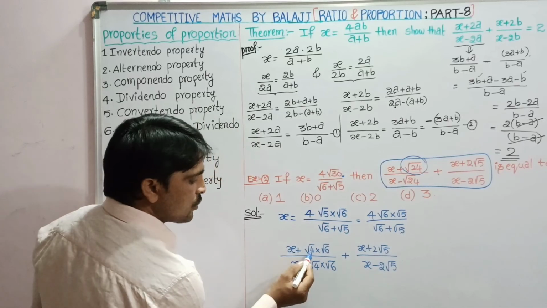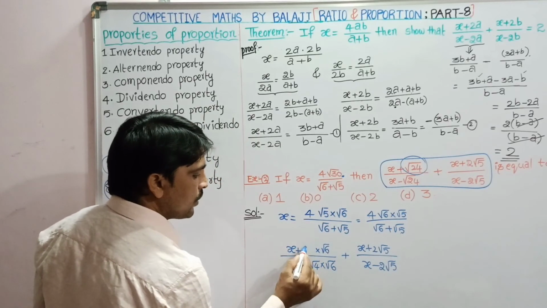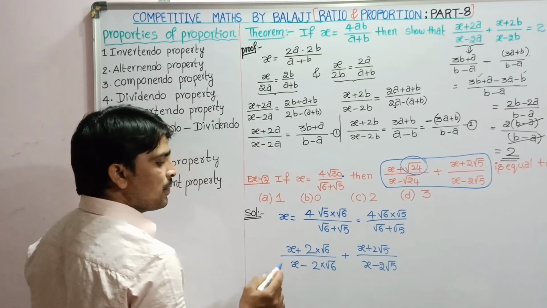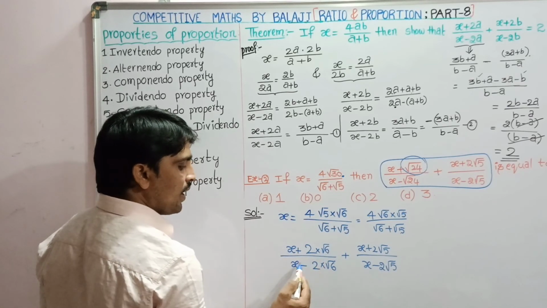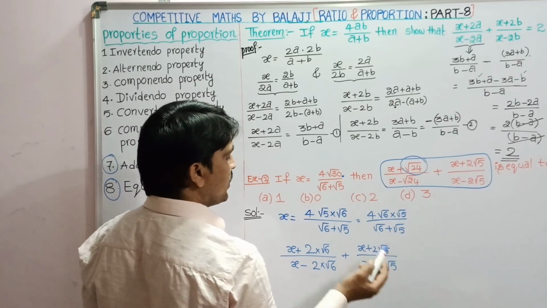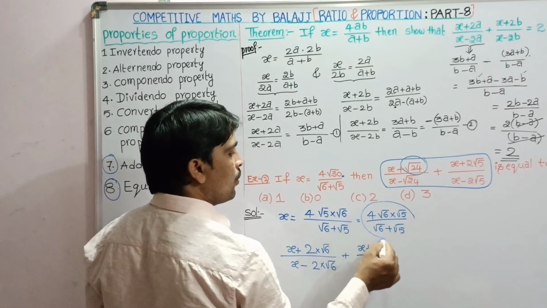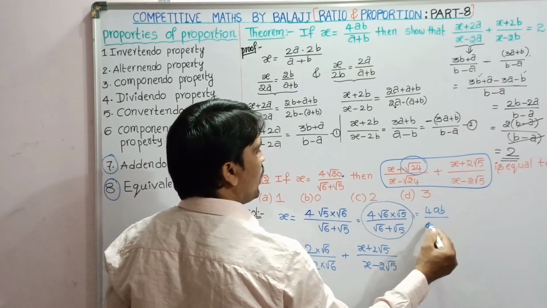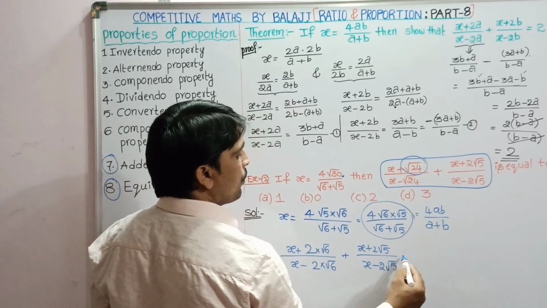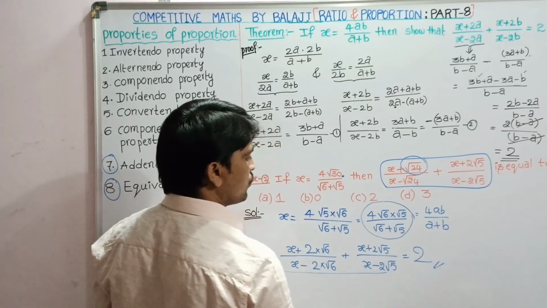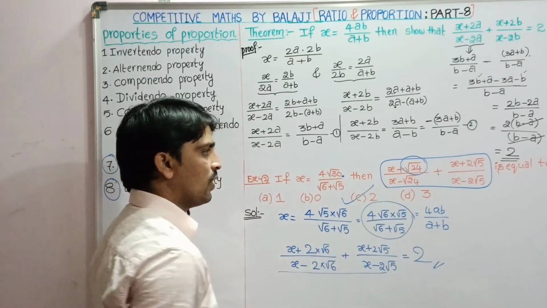But see, what is the root 4 value? Root 4 is nothing but 2. Here also root 4 is nothing but 2. It is of the form x plus 2a by x minus 2a plus x plus 2b by x minus 2b, where x is of the form 4ab by a plus b. So by the above theorem, this value becomes equal to 2. So the answer is C. Okay.